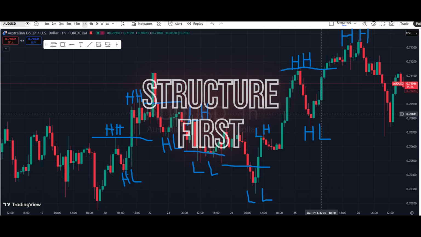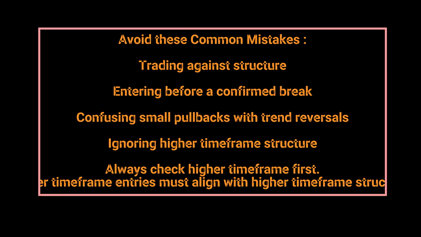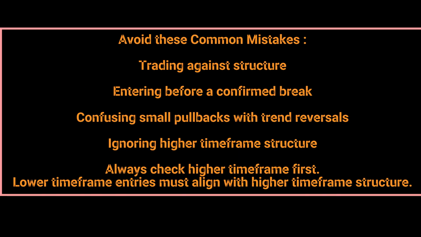Structure first. So avoid these common mistakes. One, trading against the structure. Two, entering before a confirmed break. Three, confusing small pullbacks with trend reversals. Four, ignoring higher time frame structure.